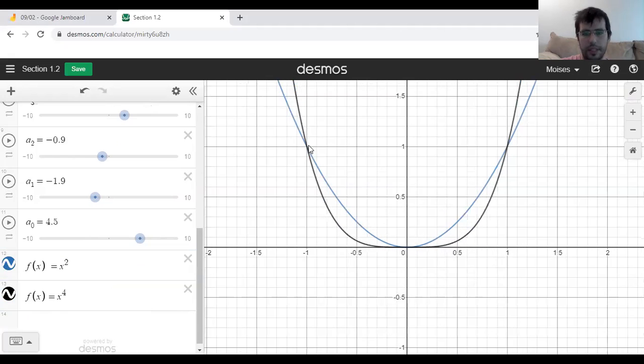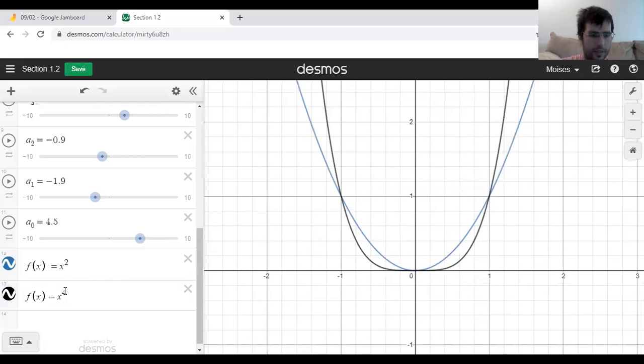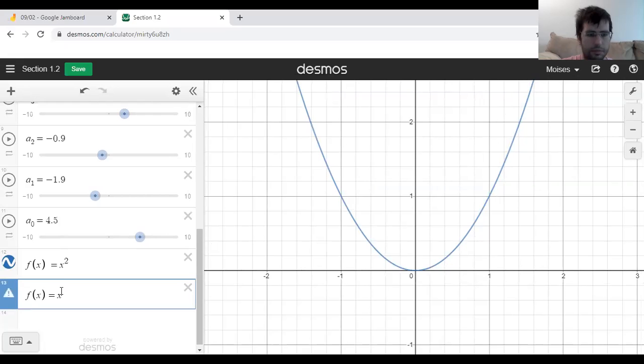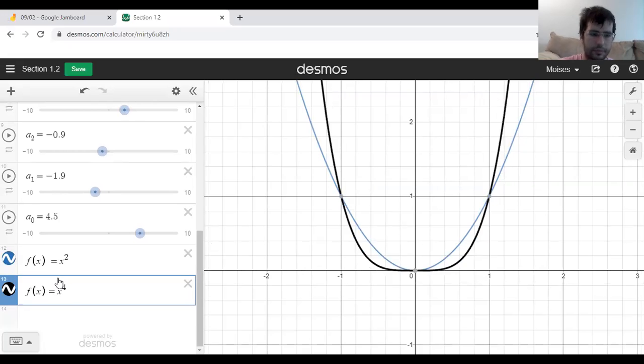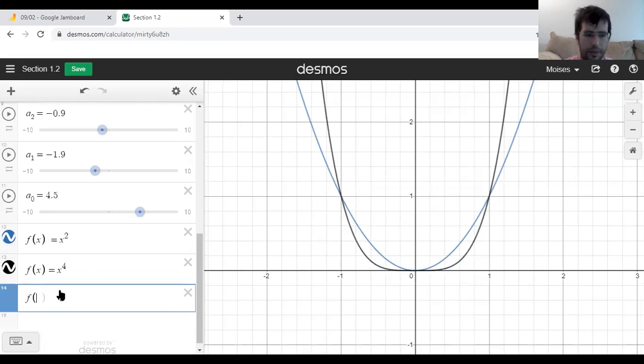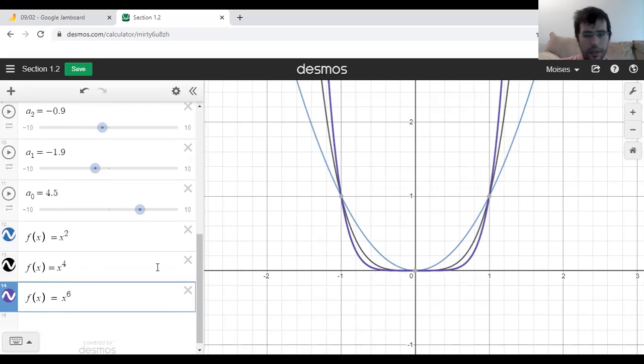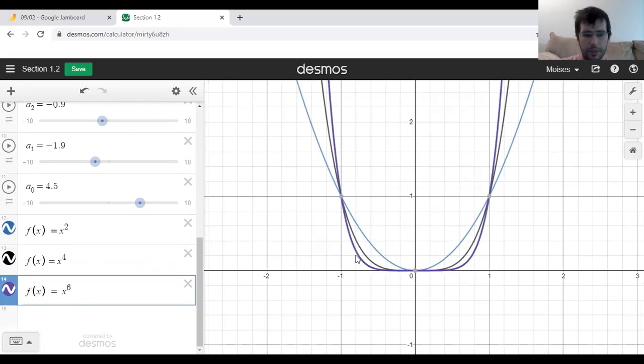It's the same except flatter on the bottom, and then gets more vertical a lot faster. If you do x to the sixth, it's the same but more exaggerated. Now this one is even more exaggerated.